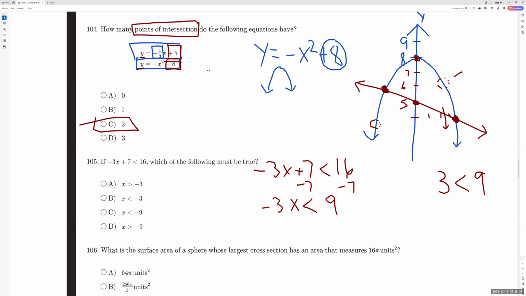But if I have a -3 and a -9, I have to change the direction of the symbol because now -3 is bigger than -9, it's greater than. So whenever we divide or multiply by a negative, the first thing we do is change that sign. Because now the +9 is going to become a negative. So that cancels my x, which is going to be greater than -3.